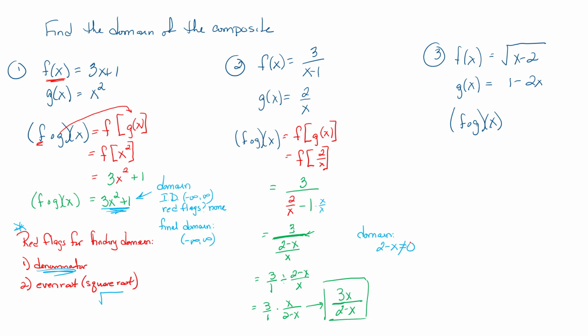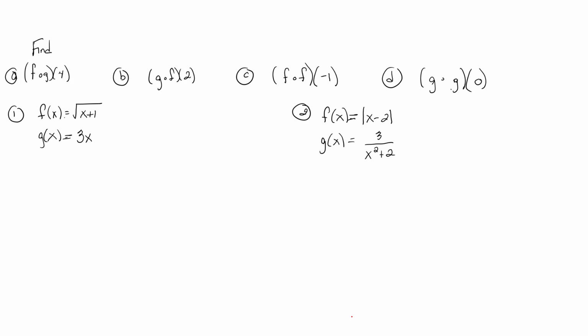Because if it equals 0, then the whole fraction blows up because it's undefined. So I've given myself a nice little equation to solve, which means 2 cannot be equal to x, which means x can't be 2. I'm kicking out 2. Out of all the real numbers in the world, I'm going to throw 2 out, because if I use 2, my denominator blows up. Got it.